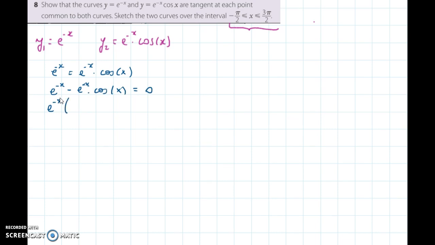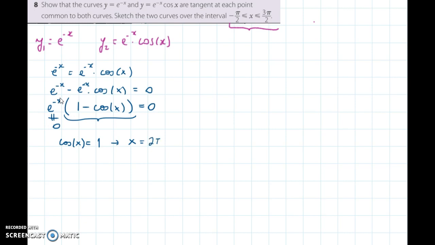So e to the minus x is a common factor times 1 minus cosine of x has to be equal to 0. Note that the exponential function is never 0. So that means that this factor has to be 0. So we are trying to see when cosine of x is equal to 1. But that we know perfectly fine. We know that this is true for x equal to any multiple of 2 pi.